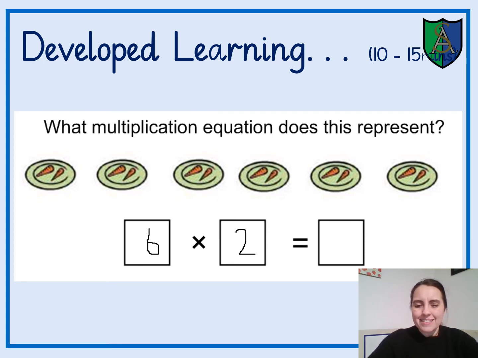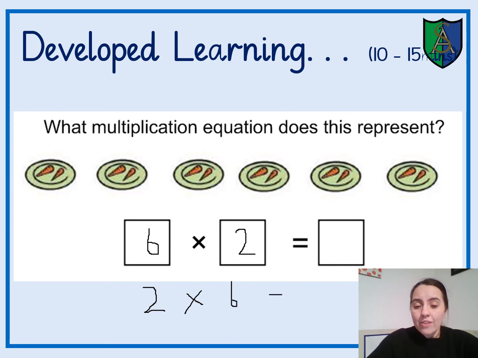So 6 times 2. Now I find that when I'm doing my multiplication tables, I'm not very good at my 6s. I'm much better at my 2s. And I can do that because multiplication is commutative. 6 times 2 is the same as doing 2 times 6.